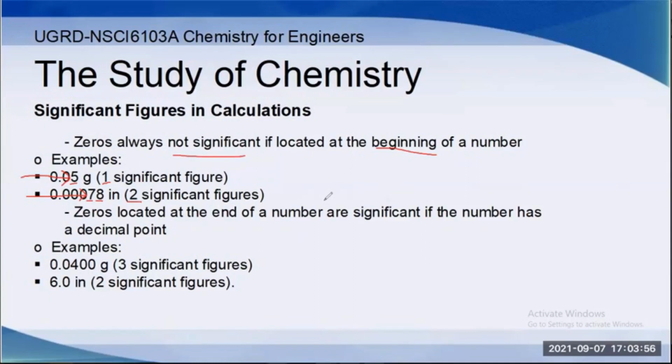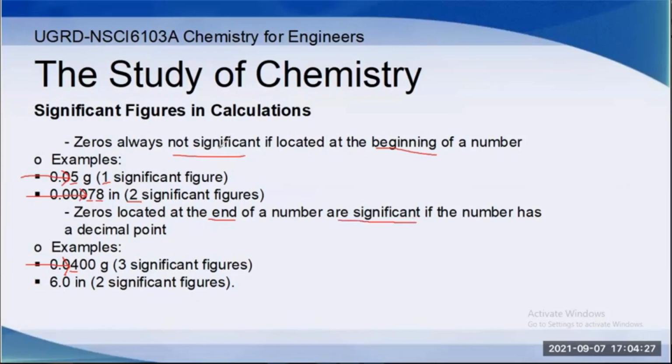Zeros located at the end of a number are significant if the number has a decimal point. Again, zeros located at the end of a number are significant if the number has a decimal point. Left to right. First non-zero digit is 4. Significant. Zeros located at the end are significant.